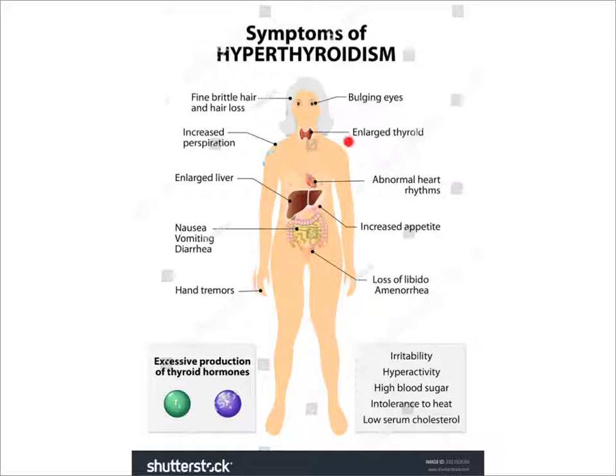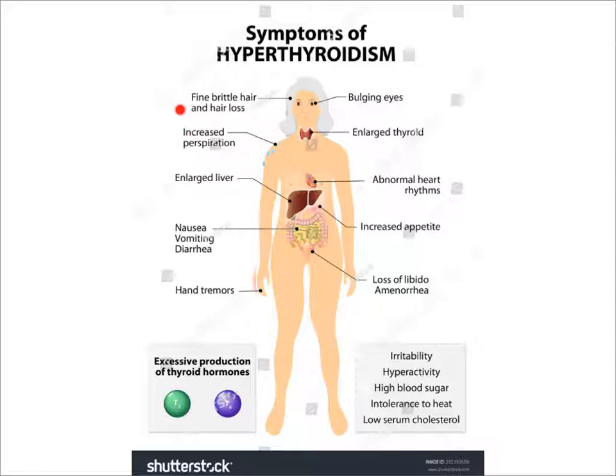Often an enlarged thyroid. Whenever the thyroid is stimulated, it gets bigger. If your thyroid is producing too much thyroid hormone, chances are it's being overstimulated and will then get bigger. The technical term for that is a goiter. Sometimes you can get a goiter with hypothyroidism as well, but it's also common with hyperthyroidism.